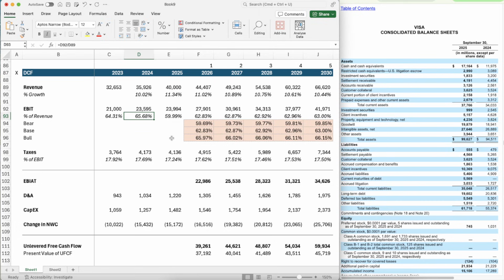If they start to get adopted, that will very much eat into Visa's margin. But because Visa has such strong network effects, it will still take a while for it to lose its status. So let's say it comes to 63 rather than back up to 65, 66.